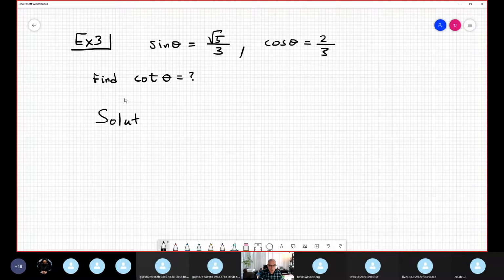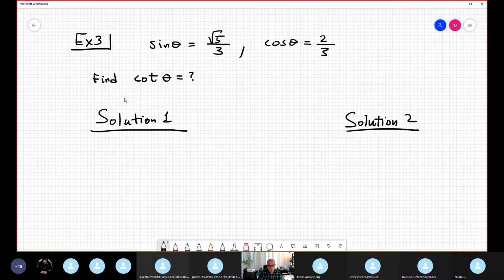We have 2 possibilities of solution: solution 1 and solution 2. This is the beauty, there are many ways to do this problem. Solution 1 is you build your own triangle. This is 90 degrees, this is my famous theta.